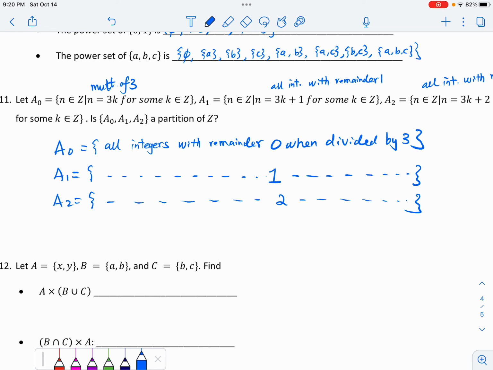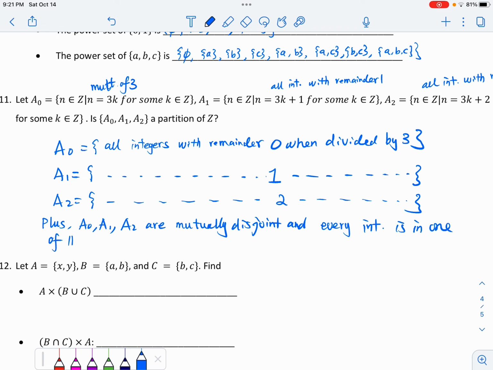And plus, A0, A1, A2 are mutually disjoint, and every integer is in one of those 3 sets. So yes, it is a partition of the integers.